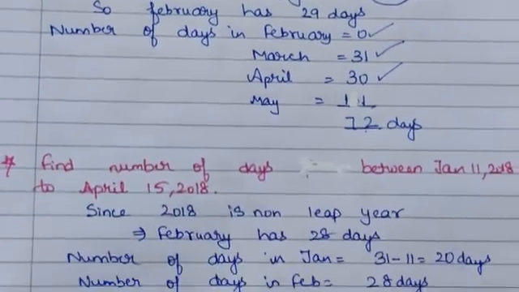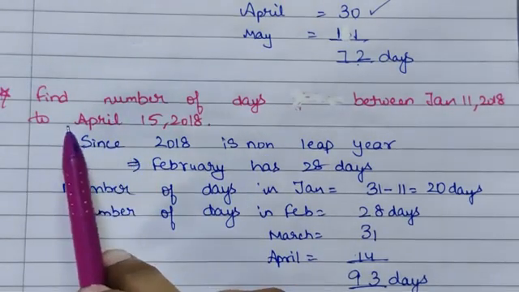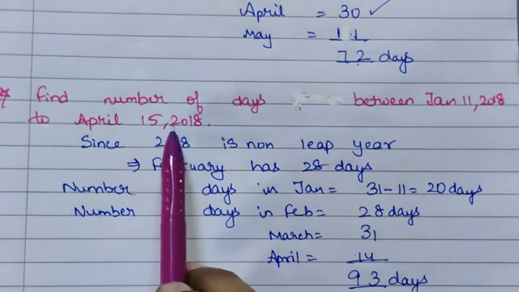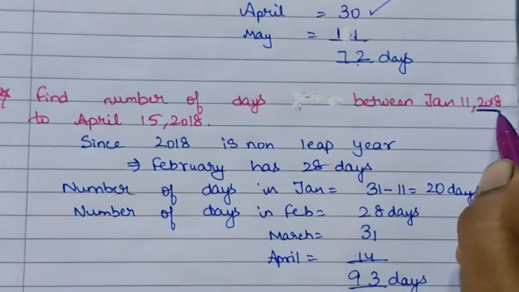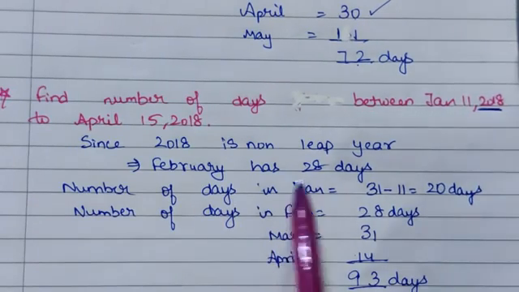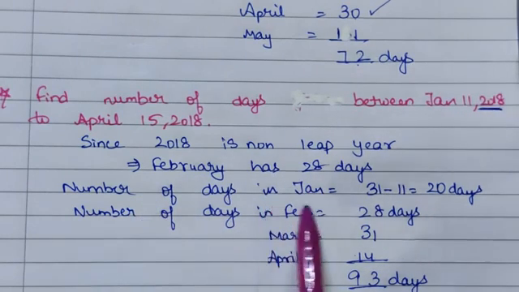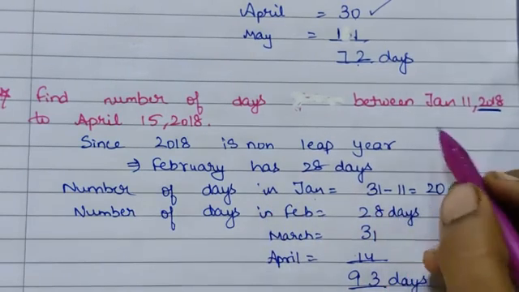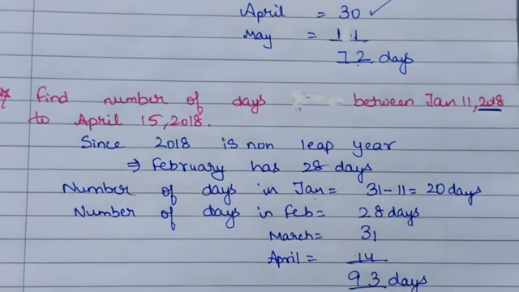Next, find the number of days between January 11, 2018 and 15 April 2018. Now 2018 is a non-leap year, so February will have 28 days. The number of days in January is 31 minus 11, because we have to take the days in between, so the 11th date will not be included.